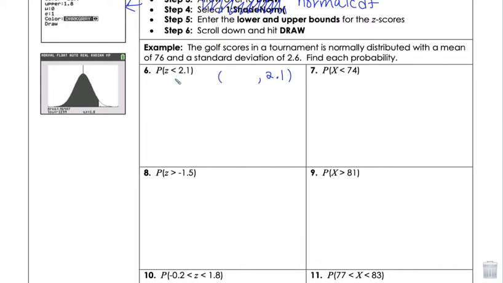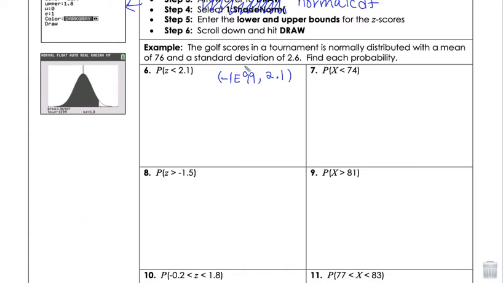Since we want probability of z less than, our lower bound is going to be negative infinity. And so how we represent negative infinity in the calculator is we use -1, the e button, 9. So really that's just like a really small number. And I'll write those help things on the side after.